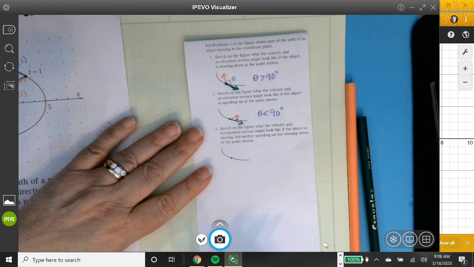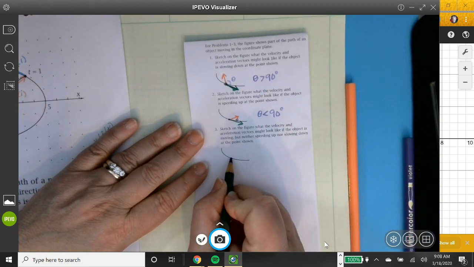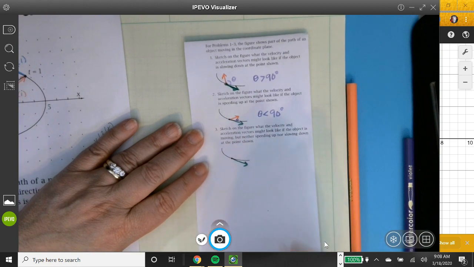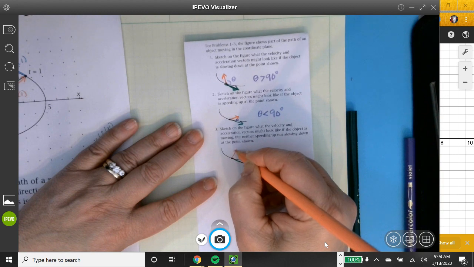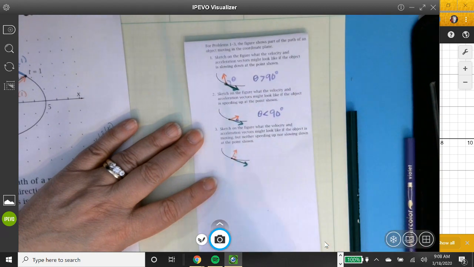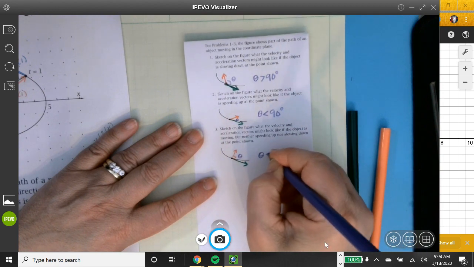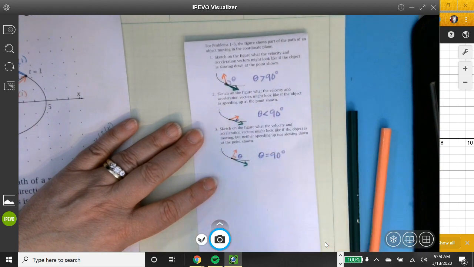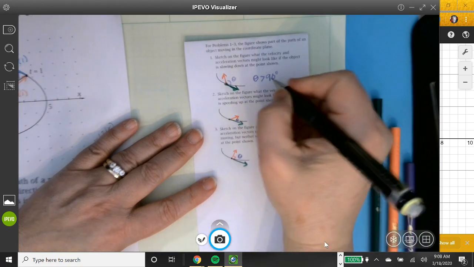All right. And then what happens if the velocity is constant? Well, you have a tangential vector, and then your acceleration is perpendicular to your velocity. So theta equals 90 degrees. So this situation is slowing down.